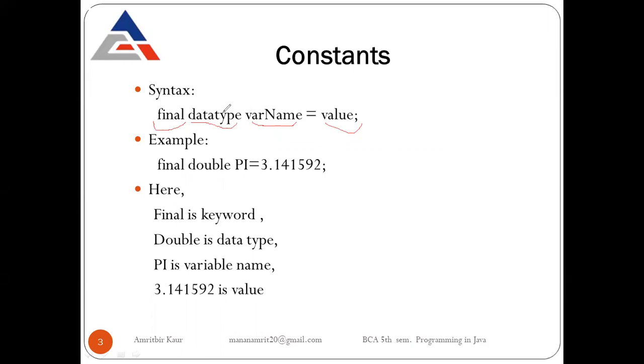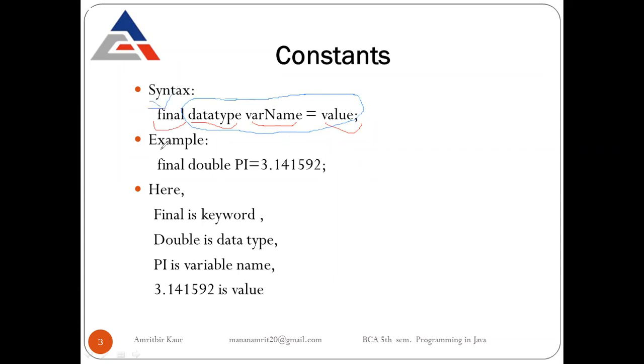To declare a variable, we use data type, then variable name, and to initialize, we use equal to value. So this is just our variable declaration and initialization. If we want to make it constant, we just add here the keyword final.